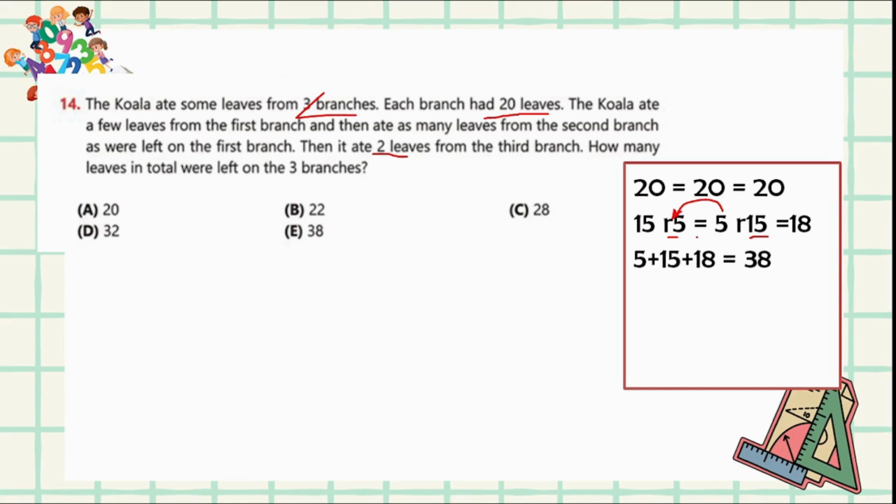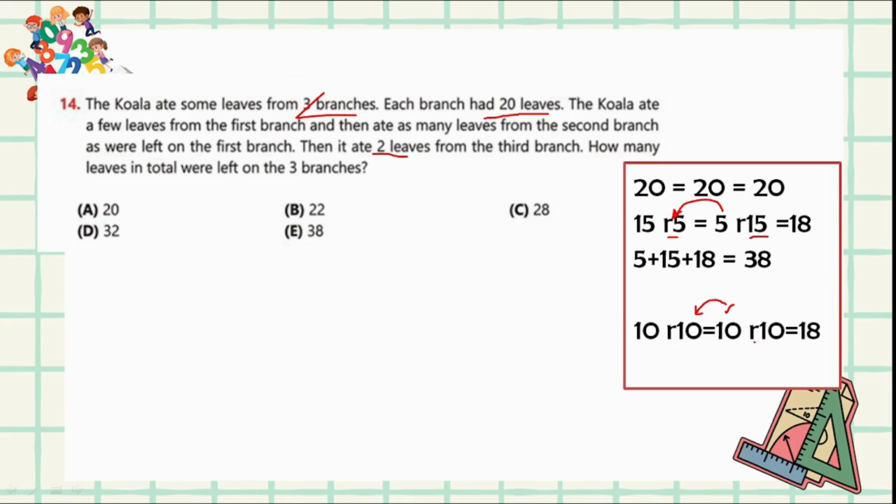We can try different combinations here, but the answer will be the same. For example, let's suppose the koala ate 10 leaves from the first branch. So 10 are remaining on the first branch. Then he ate 10 leaves from the second branch because on the first branch 10 leaves were left.